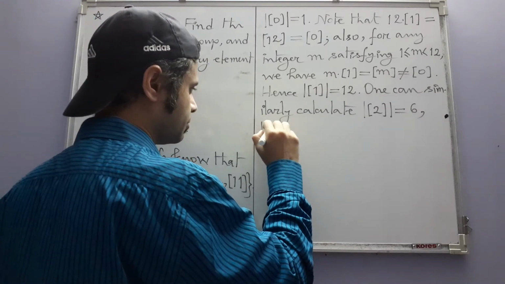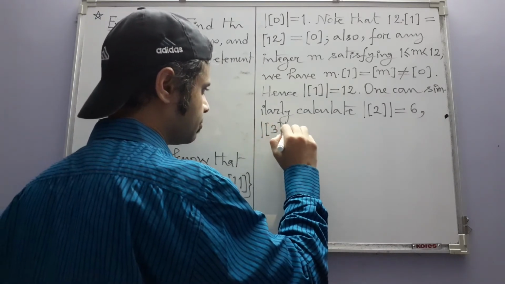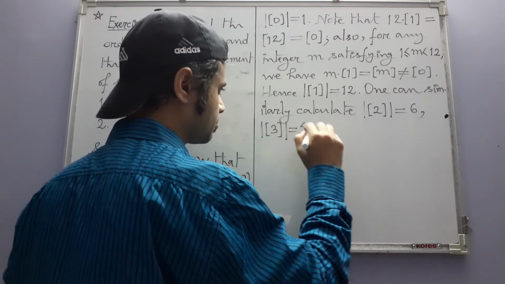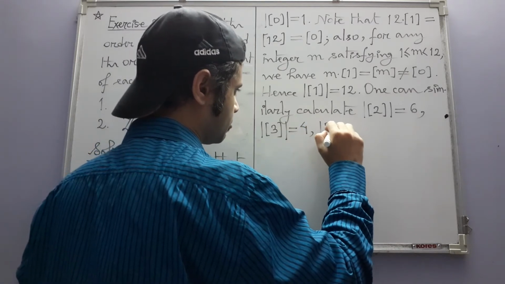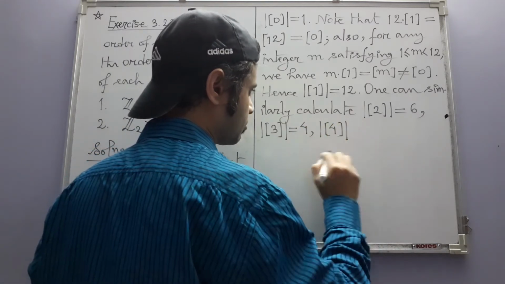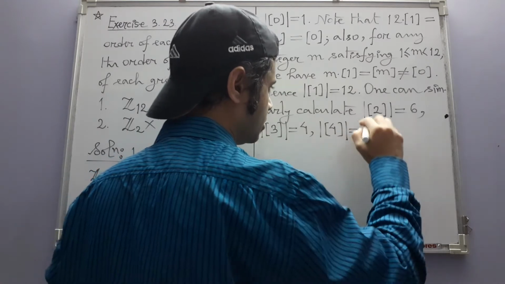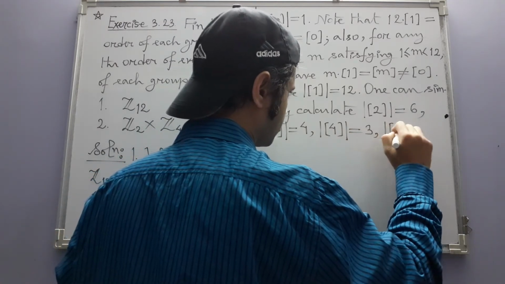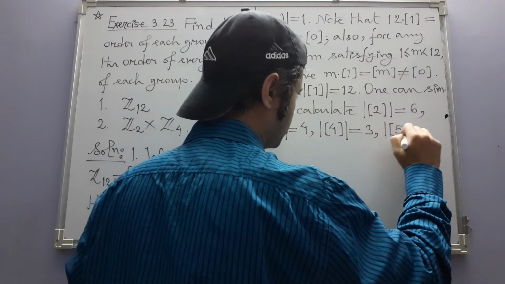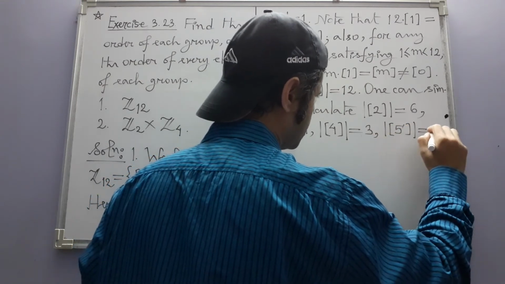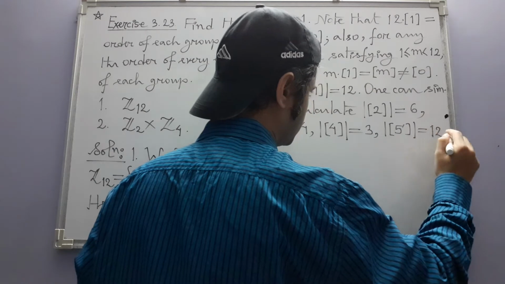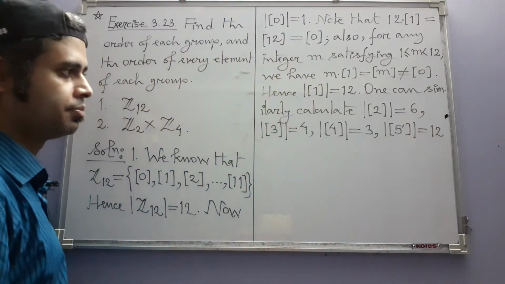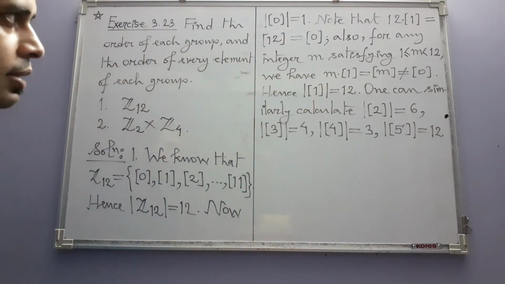The order of this congruence class is 4. The order of 4 is 3. The order of 5 is 12, just like 1.